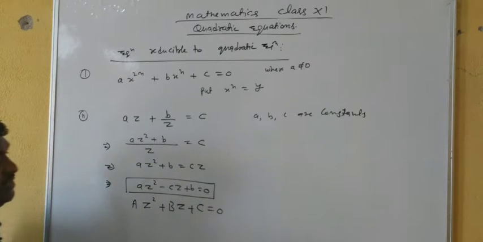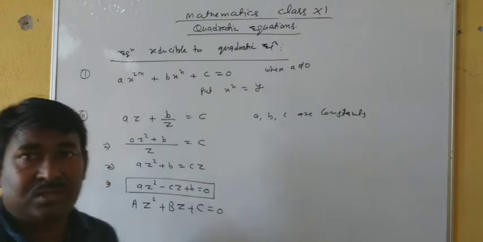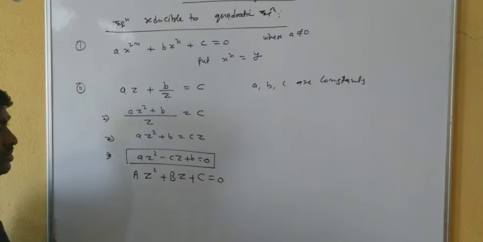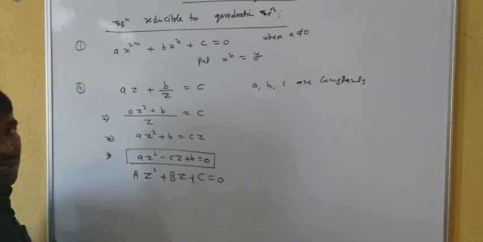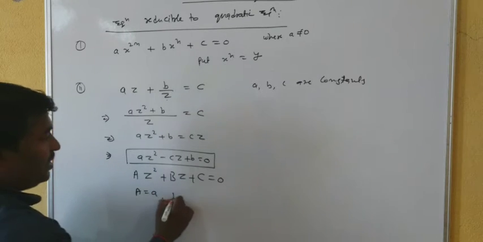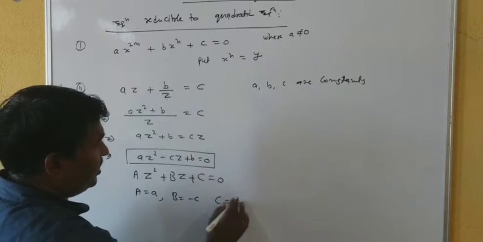If you take small a, small b, small c, there may be some confusion. Since here a, b, c are already given, capital A is equal to small a, capital B is equal to minus c, capital C is equal to b.